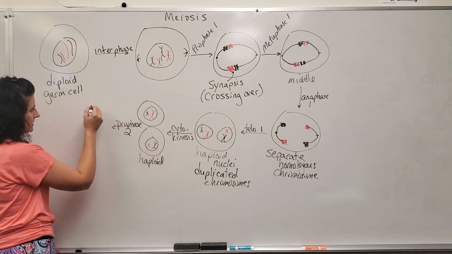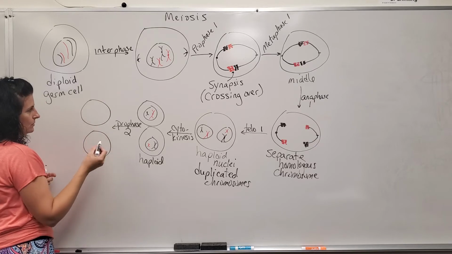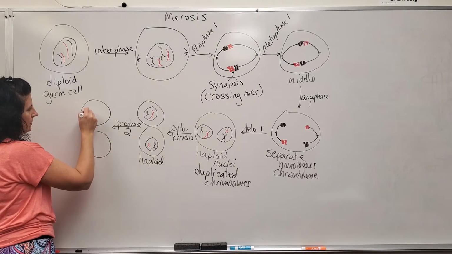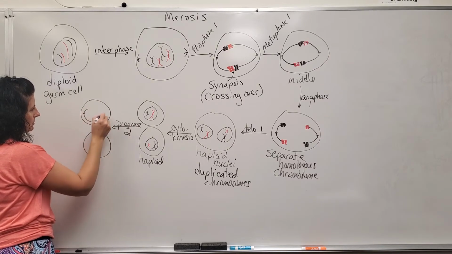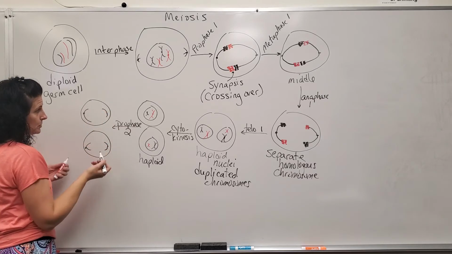Okay, so prophase now is just like mitosis. In both of these cells, the nucleus breaks down, the mitotic spindle forms, and our chromosomes are going to condense.